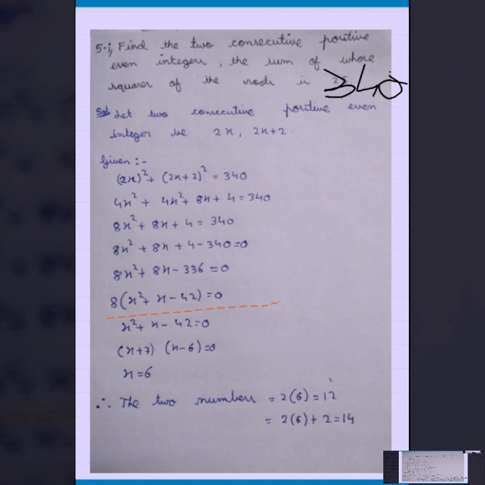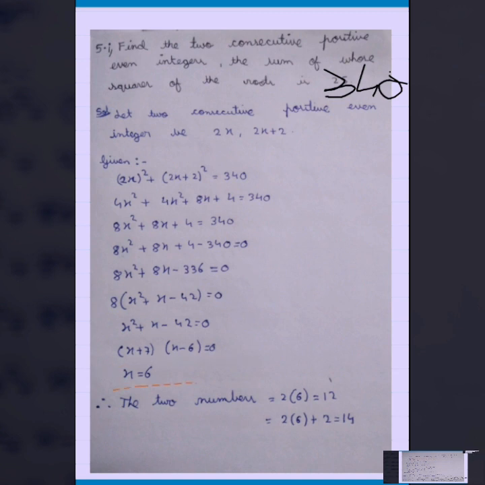And if we send 8 towards the right side, then it becomes 0 by 8. So 0 by anything is 0. So we get the equation x square plus x minus 42 equal to 0. So taking factorization, we get (x plus 7) into (x minus 6) equal to 0. So we got x value as minus 7 and 6, and we always give the highest preference to positive numbers.